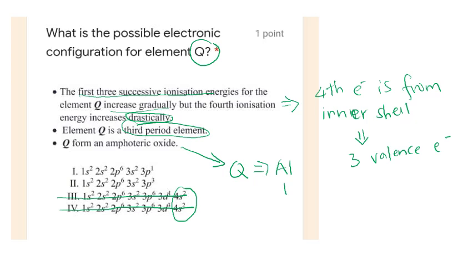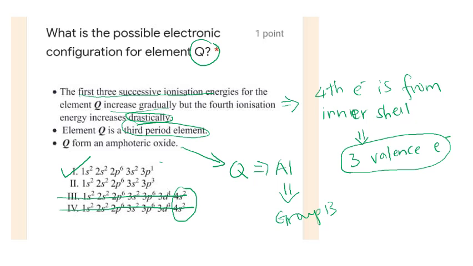All of us already know aluminium has an amphoteric oxide, and it is in group 13. So you can check here, you have 3 valence electrons, which means that it is matching. So for this one, we choose 1 as the correct answer.